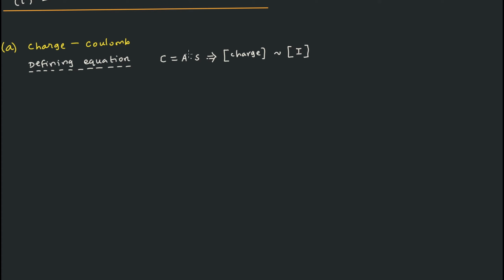Here there is no power written, that means there is a 1 here, so the power is 1. Then you multiply by second. Second is time, therefore you write t. You don't have second power minus 2 or per second, nothing is there, and therefore here also you have a 1. So I to the power 1, t to the power 1, that's all.